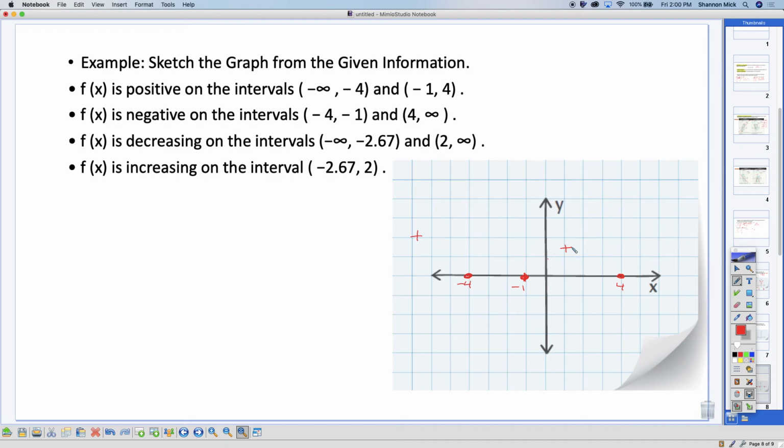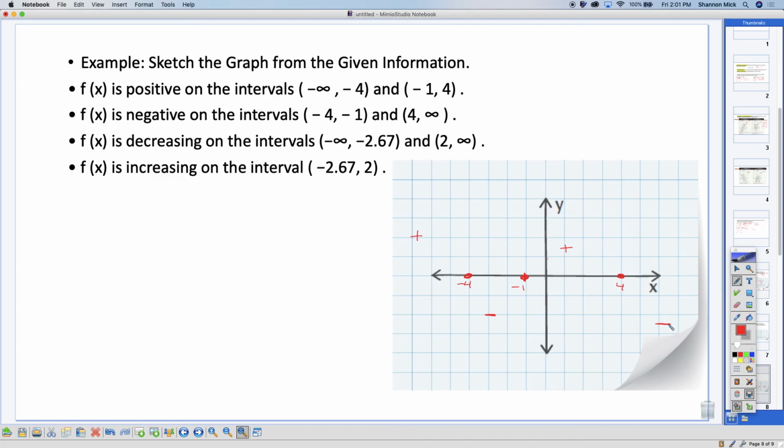It says negative between -4 and -1. Well, obviously, if it crosses the x-axis, it has to go negative, so it's negative down here. And it's also negative from 4 to positive infinity. So it would be negative over there.